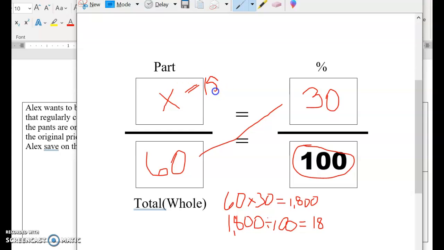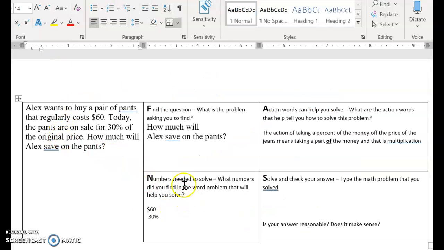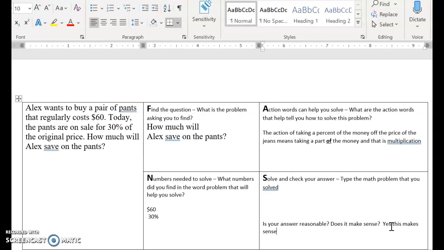So to go back to the word problem to see if I answered my question, how much will Alex save on the pants? Does this make sense? Yes, this makes sense because the answer is less than the price of the jeans.